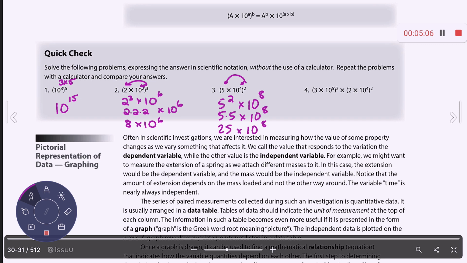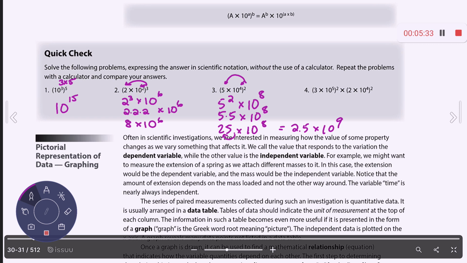Does that look like standard scientific notation to you? No, it's not. So you have to move the decimal over 1. So that would end up giving you 2.5 times 10 to the 9th. So when you move the decimal to the left, the exponent on the power of 10 will increase by 1. Okay?